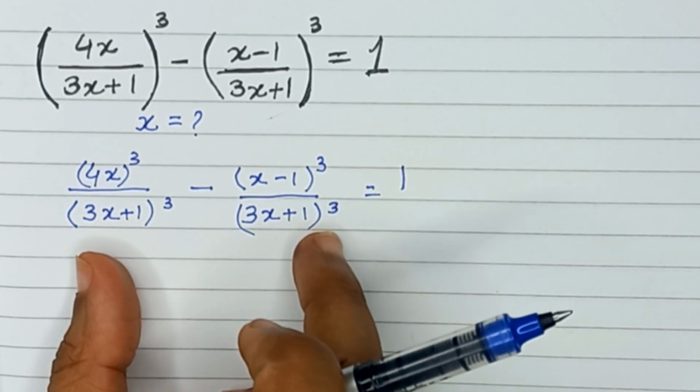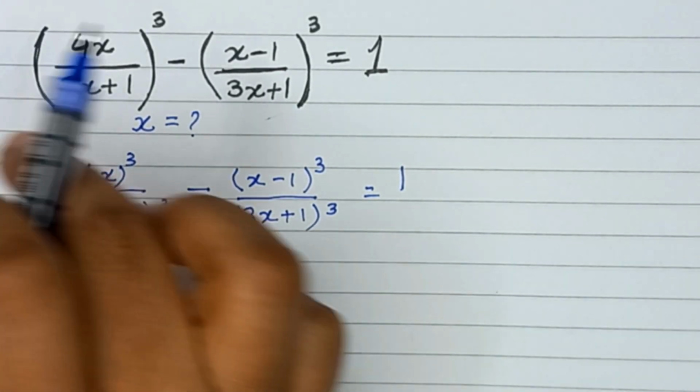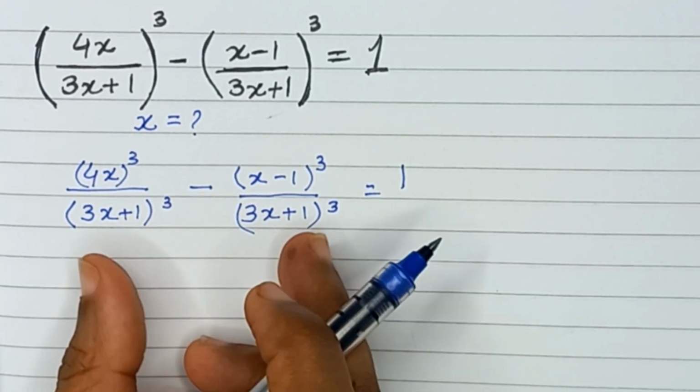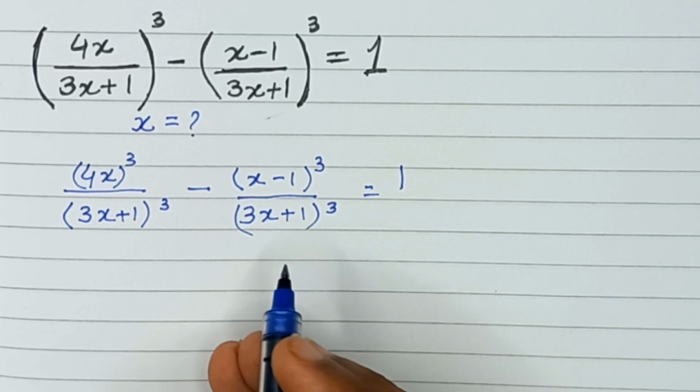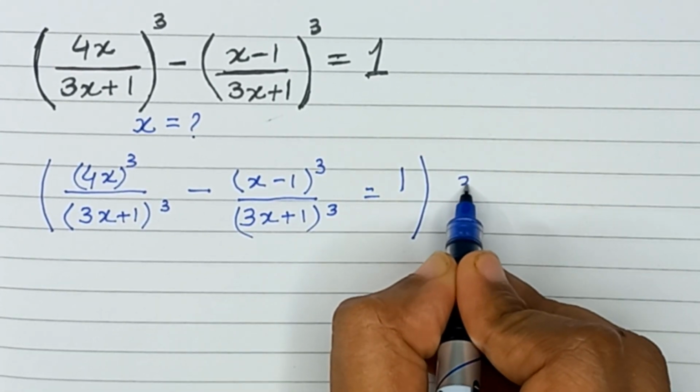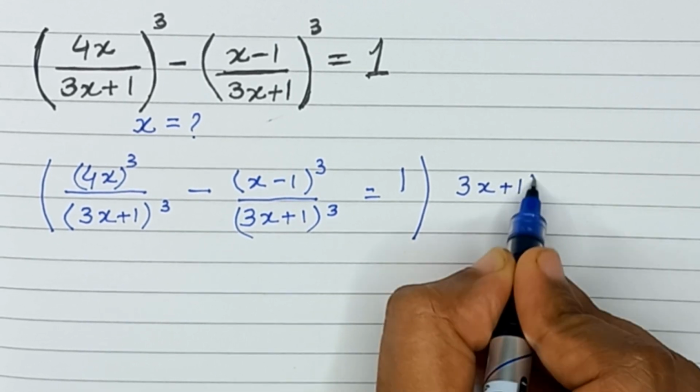So we will multiply the whole equation with (3x+1)³ to remove this denominator.